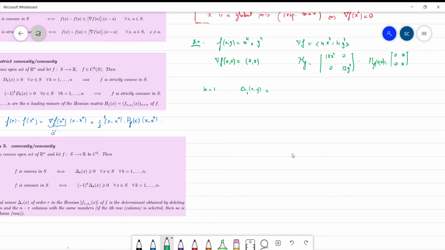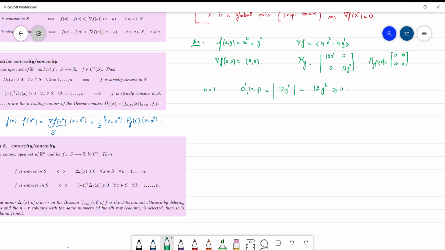If I eliminate the first row, I will get just 12y^2, which is positive.